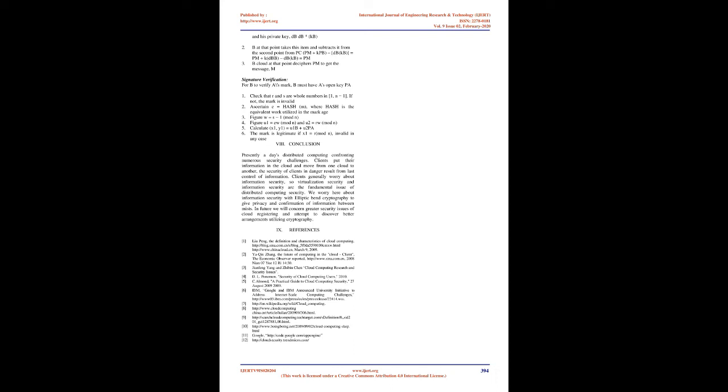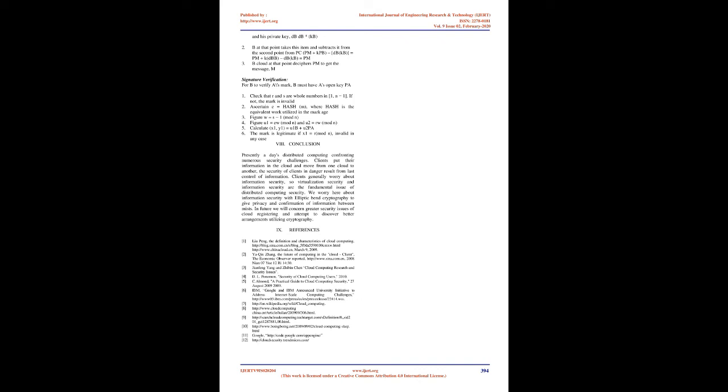Signature generation. 1. Calculate e equals hash(M), where hash is a cryptographic hash function such as SHA-1. 2. Select a random integer k from 1 to n-1. 3. Compute r equals x1 mod n, where (x1, y1) equals k times B. If r equals 0, go to step 2. 4.